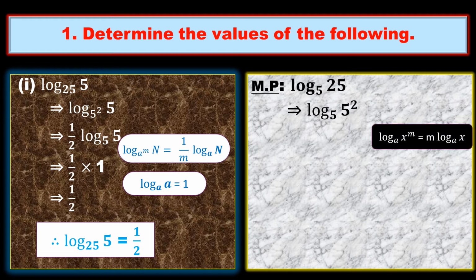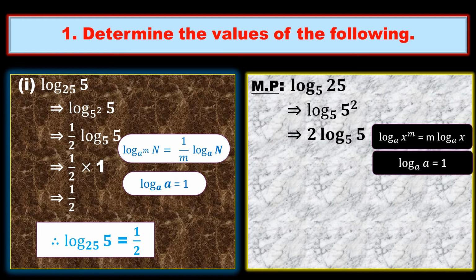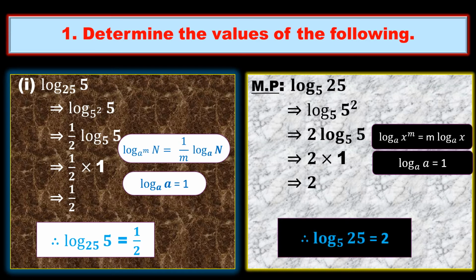When the power is there, this should be sent to the front, so the power will come in front, m log a. 5 base 5: again this 5 base 5 means you already know it, log a base a equal to 1, so 2 into 1 is 2. So I can write the answer for this one as 2.